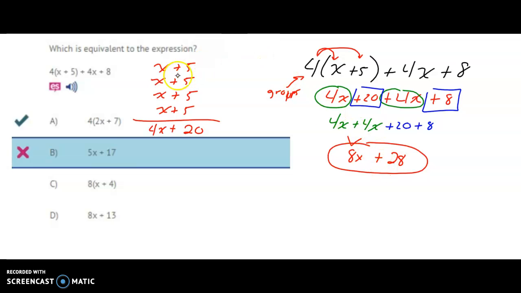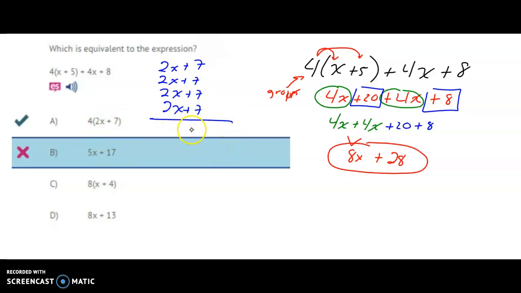So I want you to look. Let me erase this real quick. Clean all that out. Let's look at the 4 times the sum of 2x and 7. That means 4 groups of 2x and 7. So let's do 4 groups of 2x and 7. I'm going to have 2x plus 7, 2x plus 7, 2x plus 7, and 2x plus 7.